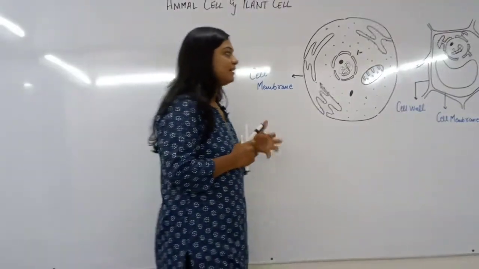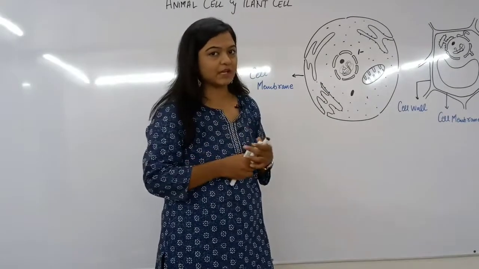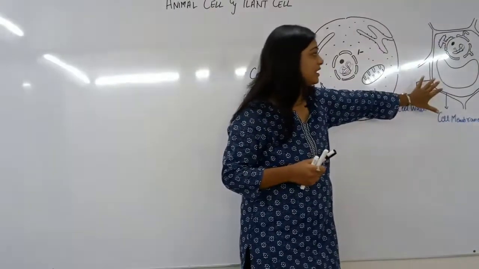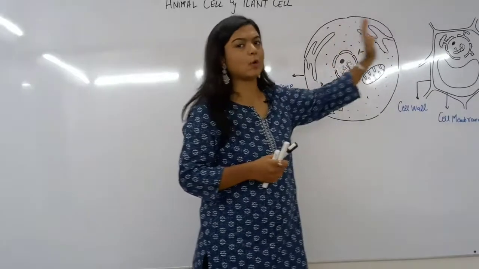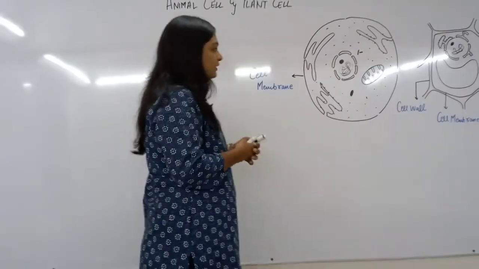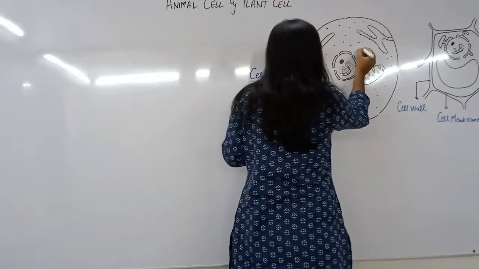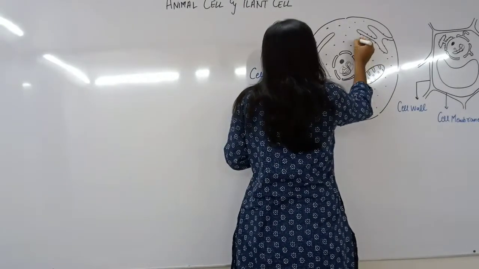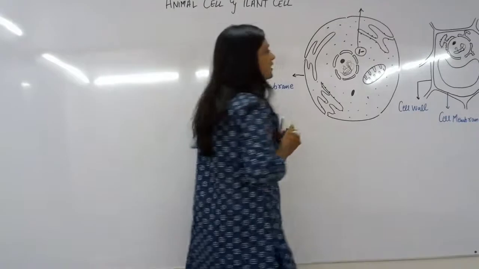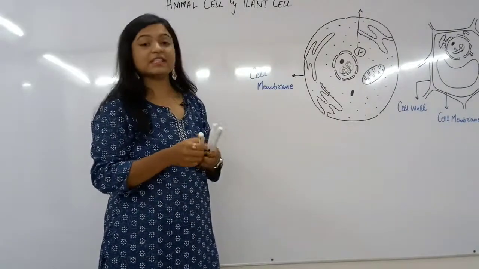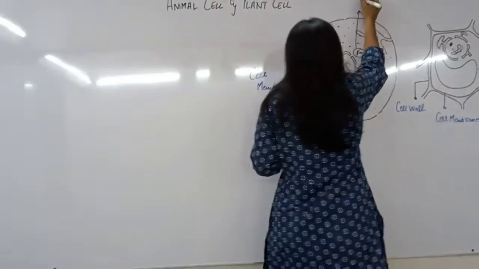One difference. Second, there are more differences between plant cell and animal cell. I have not drawn the plant cell completely because a lot of things are common to these. Now see, this particular structure that you are seeing right here is called a centriole.